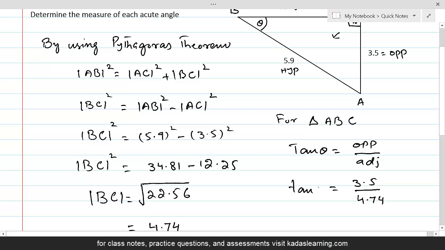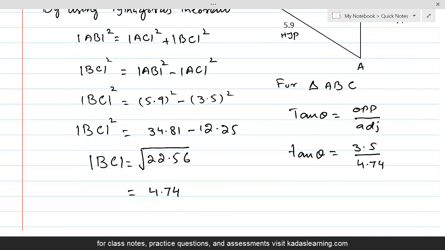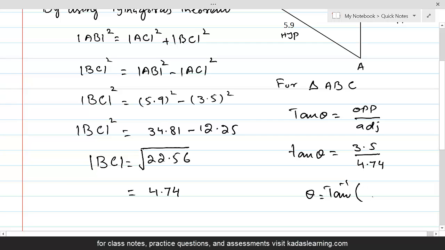This is equal to tan theta. So theta would be equal to tan inverse of 3.5 over 4.74.